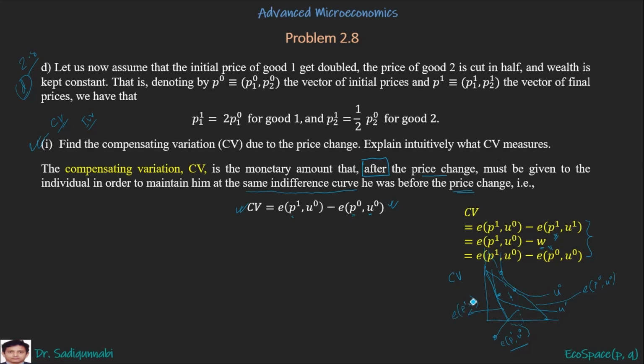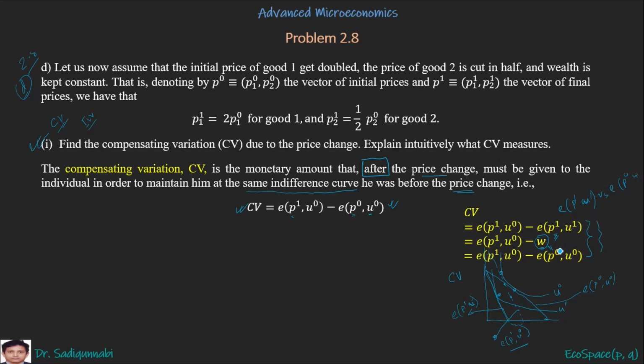Okay, so this is parallel, and then this dashed line and the original budget line cross each other. That's why there is a compensation. So the W remains the same between E(P1, U1) and E(P0, U0), and together we get this equation.